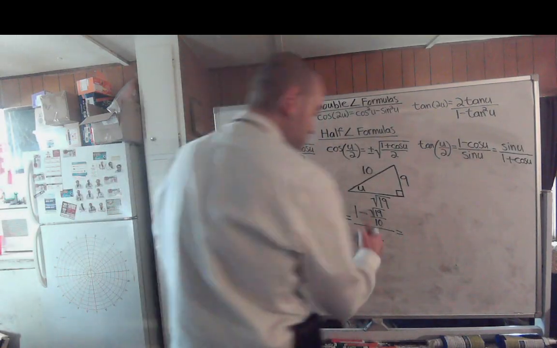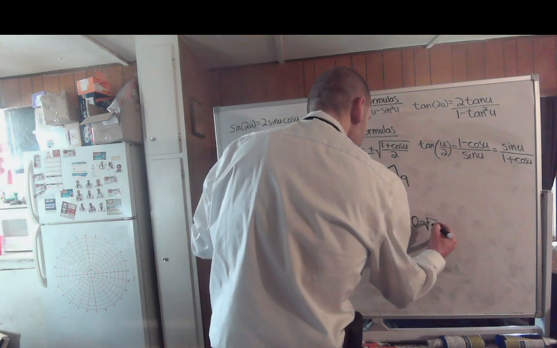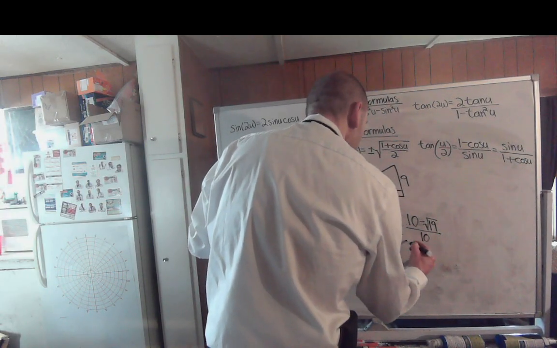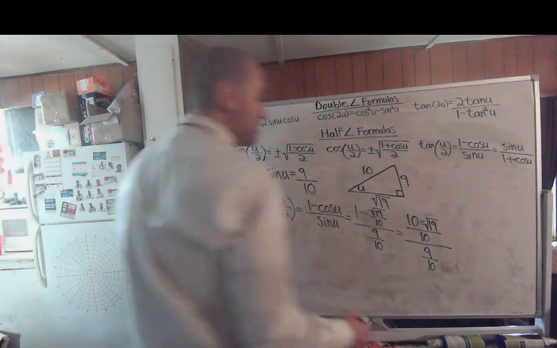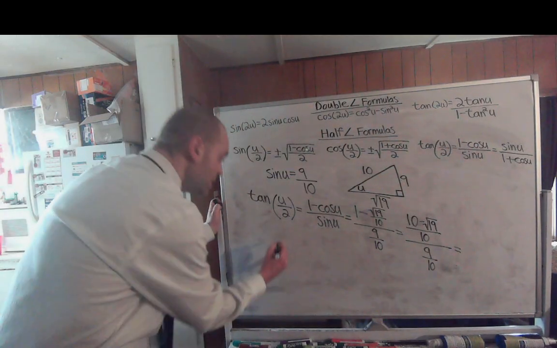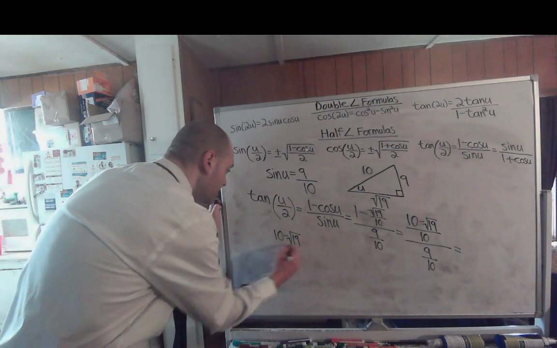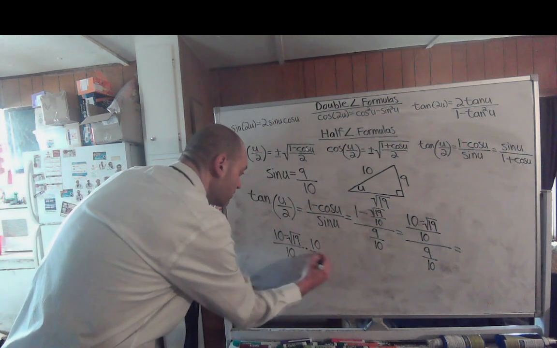So then you simplify the numerator, you would get 10 minus the square root of 19 all over 10, all that over 9/10. Now you have a complex fraction, just invert and multiply. So you would get 10 minus the square root of 19 all over 10 times 10 over 9.